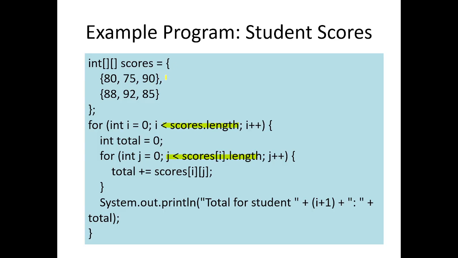Okay, what is the process involved here for this 80, 75, 90, 88, 92, 85? What is the process involved for this part? 80, 75, 90. So what is the process involved there in the int array for scores?